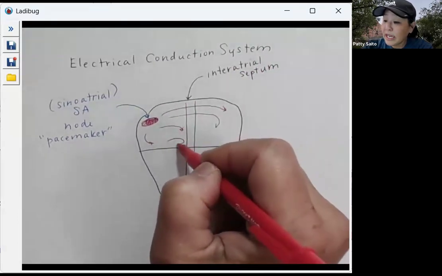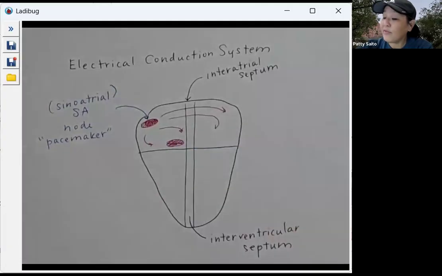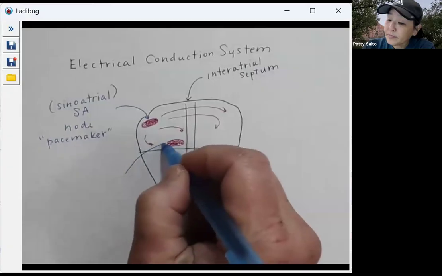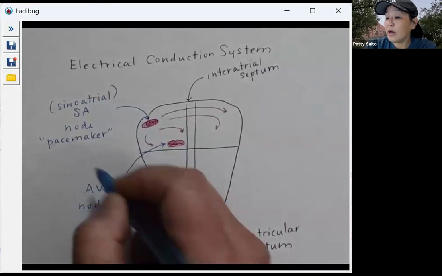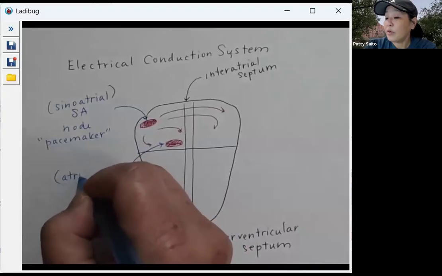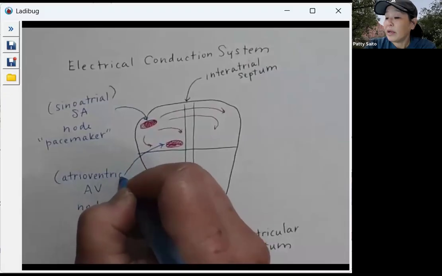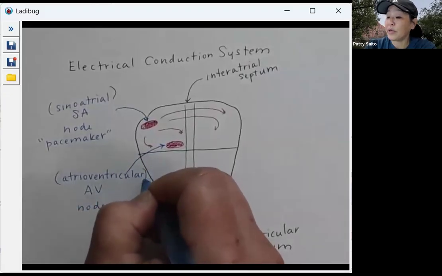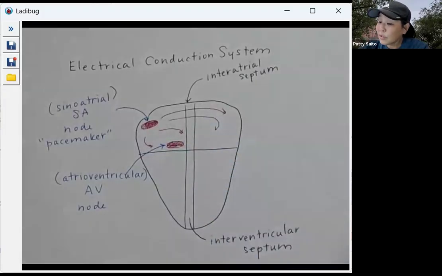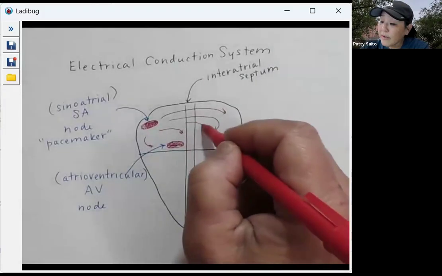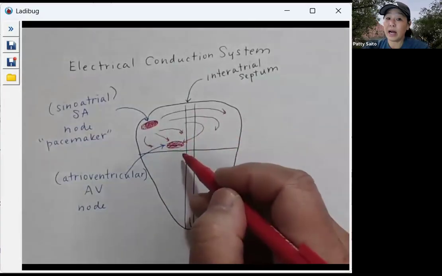So there's an area here also in the right atrium called the AV node, the atrioventricular. You already know that term because it's between the atria and the ventricles, right? So all the electrical impulses will travel here where there'll be a pause.